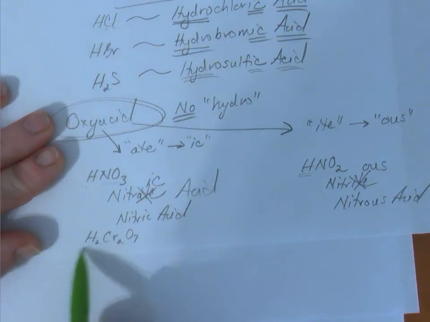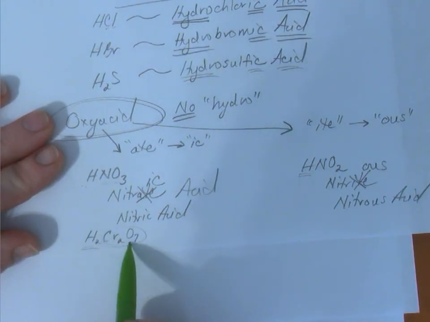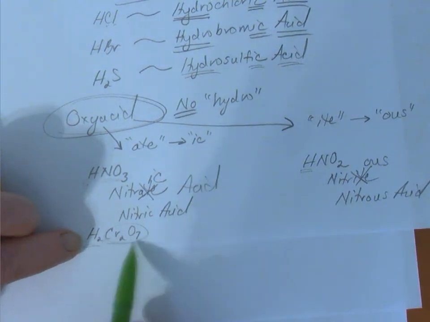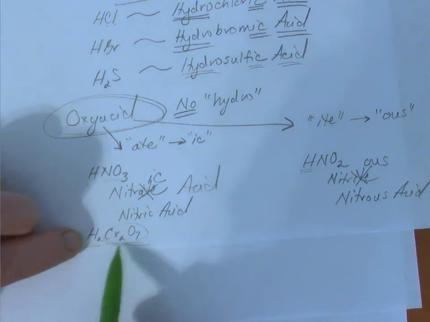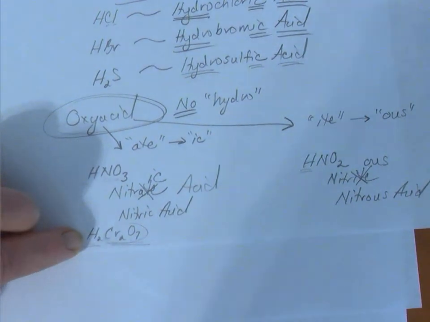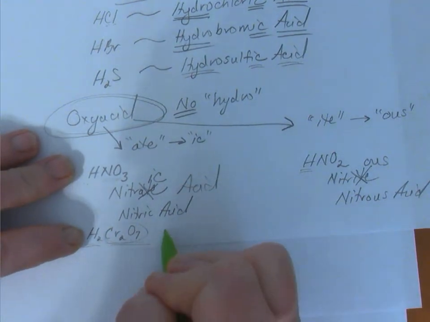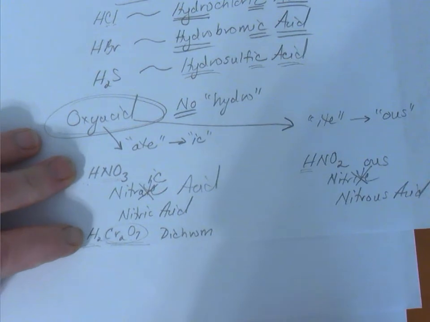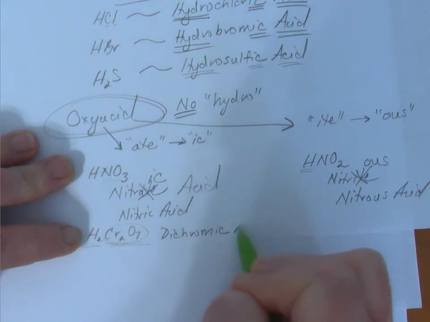Okay, an acid. I just look to the polyatomic ion. So it doesn't matter the number of hydrogens. Okay, it's an oxyacid because it's hydrogen bonded to a polyatomic ion. Cr2O7 minus 2 is dichromate. But I know that ate changes to ic. So this is dichromic acid.